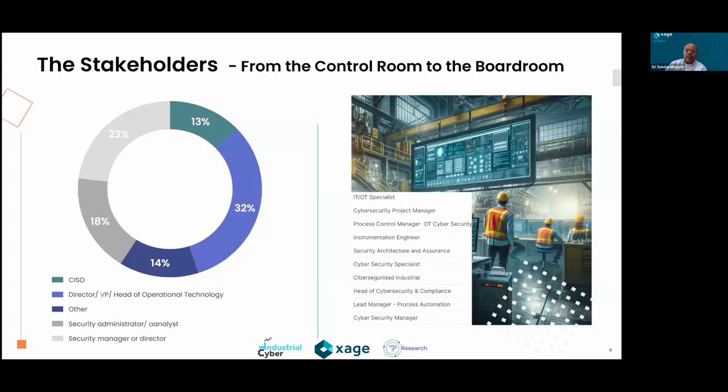That cross-functional coordination between the IT, the OT, and the cyber teams, from strategy to project execution. So, great to see the survey reflecting what we're seeing in the market as well.